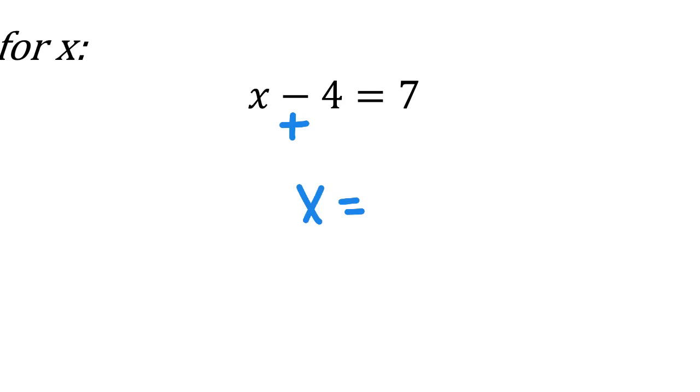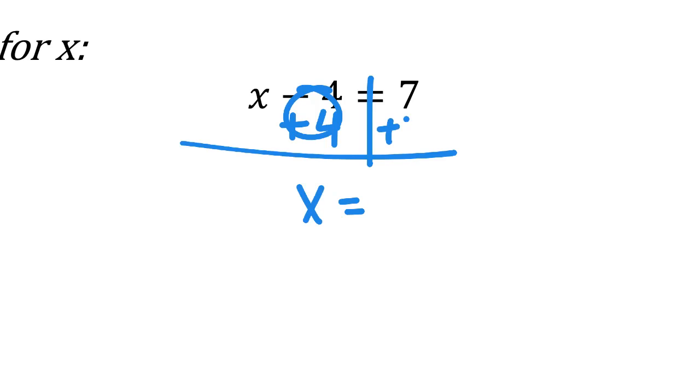Well, if I change it to a 0, then I can ignore it. And the way I do that, as you can see, is I just add 4 there to make it 0. But if I just leave it at that, then I've changed the whole equation. Because the principle of equality says if I add 4 to the left side of the equal sign, I should also add it to the right side of the equal sign as well.